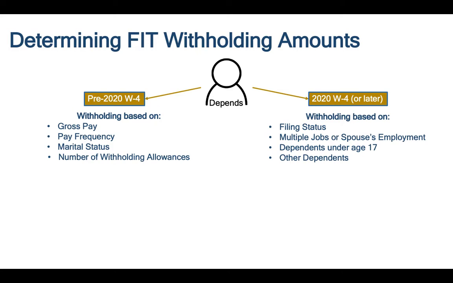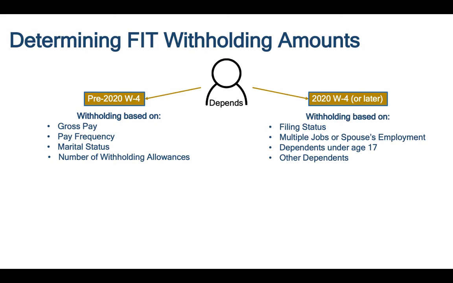Determining federal income tax withholding depends on whether you have an employee who has a W-4 that's 2020 or later, or whether you have an employee whose W-4 is pre-2020. For the pre-2020 W-4s, withholding is based on your gross pay, your pay frequency, your marital status, and the number of withholding allowances the employee selected.